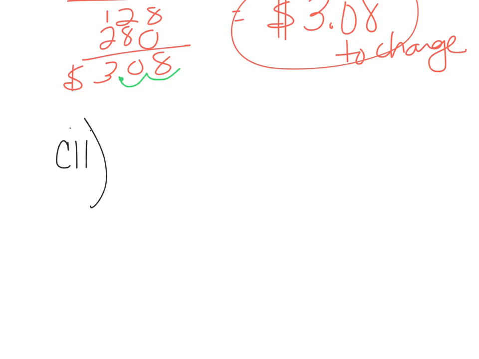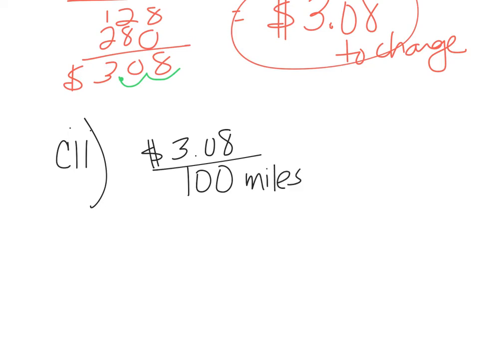CII. Calculate the cost of electricity per mile to drive the battery electric vehicle. And so it tells us we're going to go 100 miles on a full charge. So we're just going to take the 3.08 and we're going to divide it by 100 because it's going to travel for 100 miles. So I can go ahead and do my math like this.